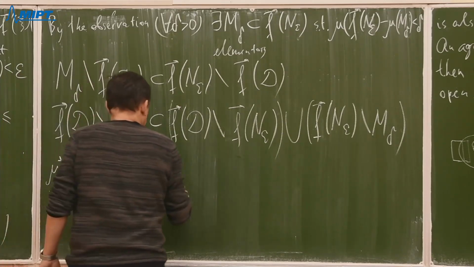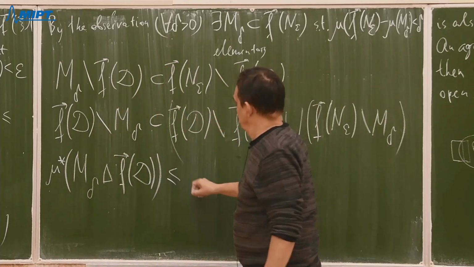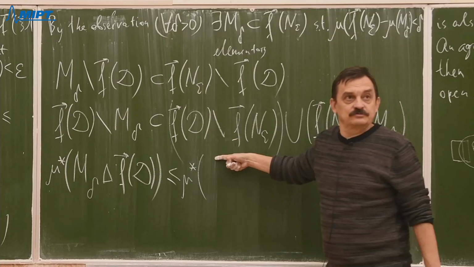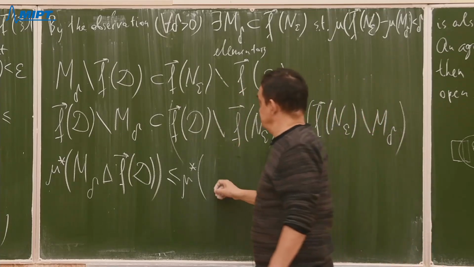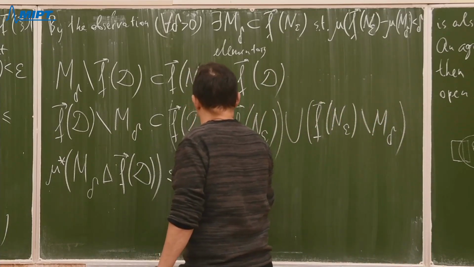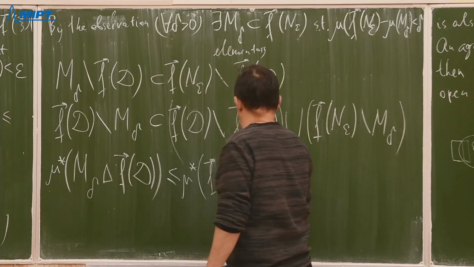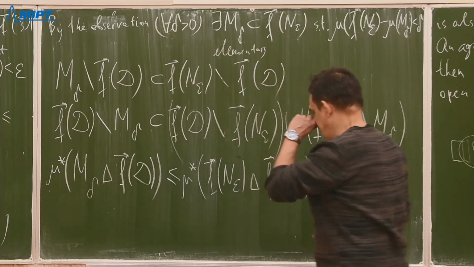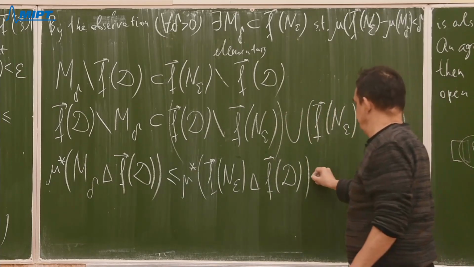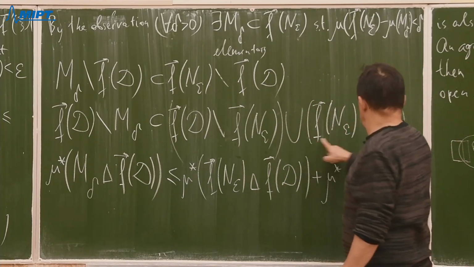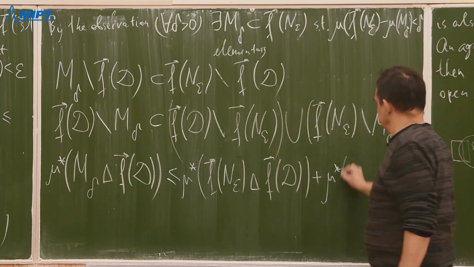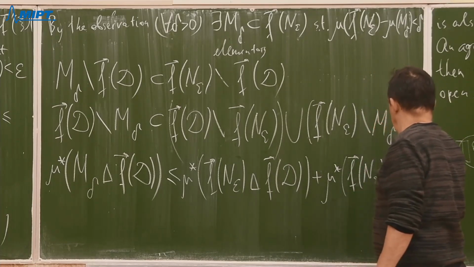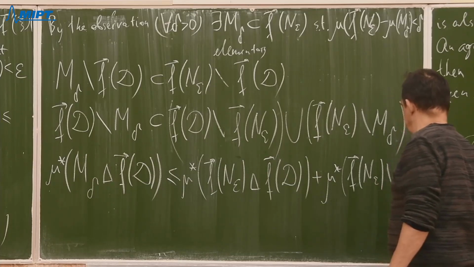So it is less or equal than the outer measure of the union of those two, that is the symmetric difference, f of N epsilon symmetric difference with f of D, right? Plus the outer measure of the rest, f of N epsilon minus M delta.